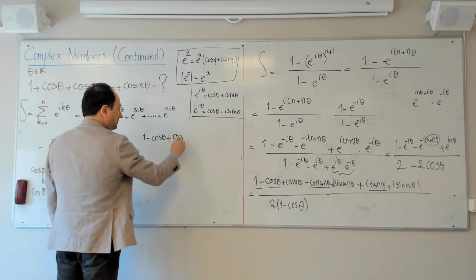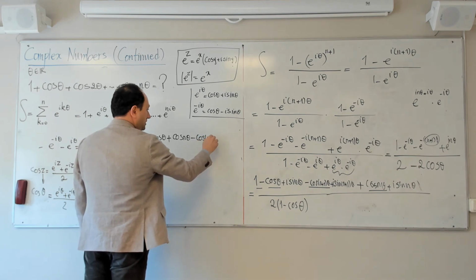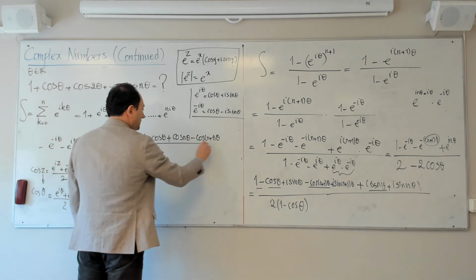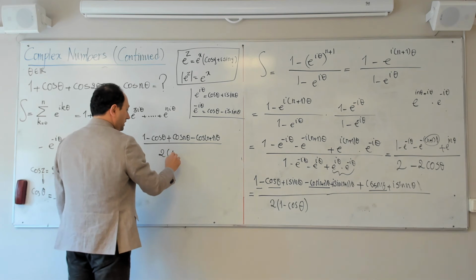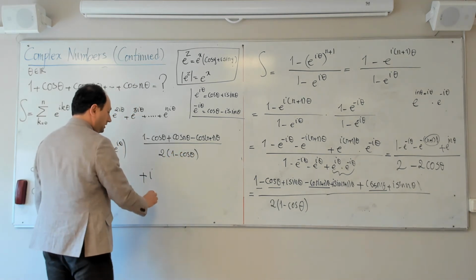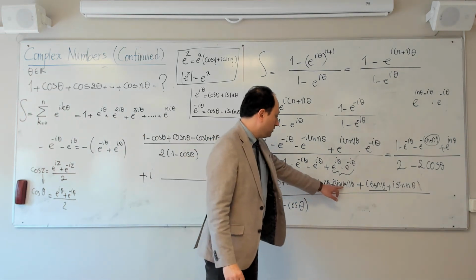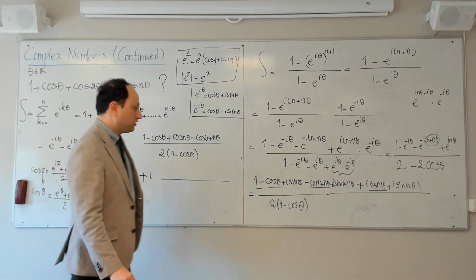cosine n theta minus cosine n plus 1 theta, divided by 2 times 1 minus cosine theta, plus, let me factor an i out. This one has i, this one also has an i, the last one also has an i, yes?